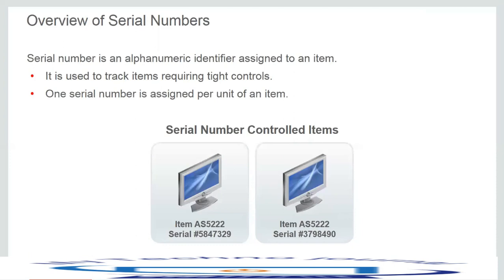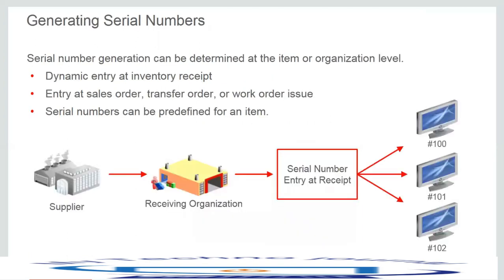One serial number is assigned to an individual unit of an item. We can generate the serial numbers, and serial numbers can be determined at the item or organization level.